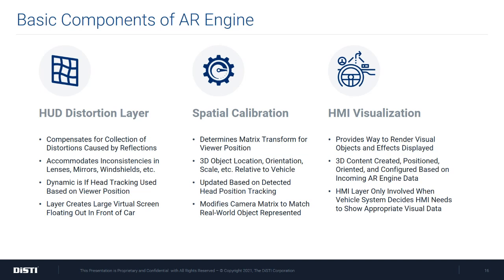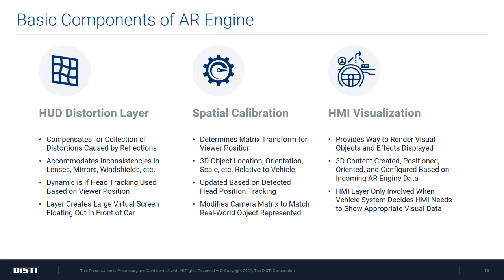Now, in the HUD distortion layer, this is where you're really trying to compensate for all the distortions caused by reflections or refraction of the light through your lens, your mirrors, your windshield, and of course, all the different models and vehicles will have slightly different changes or inconsistencies from one model to the next. So no two windshields are identical, and all of that needs to be accommodated in that HUD distortion layer.